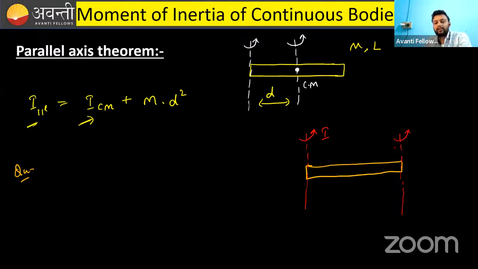These both axes are parallel to each other. Can we use the parallel axis theorem directly between these two axes or not? Just answer. Let's suppose this separation is D. Can we write the parallel axis theorem for them or not?